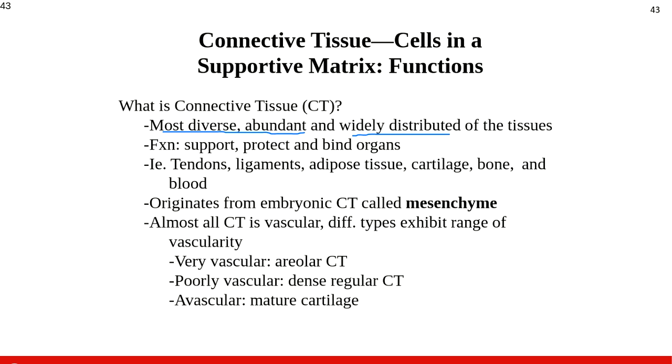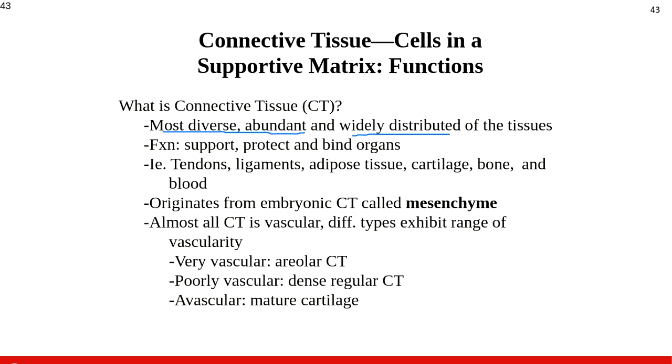Fluid connective tissue helps to transport materials throughout your body. Supporting connective tissue, which is bone and cartilage, literally helps to support your body. Also, it adds to protection because bones help to protect organs. So connective tissue has a wide variety of functions.